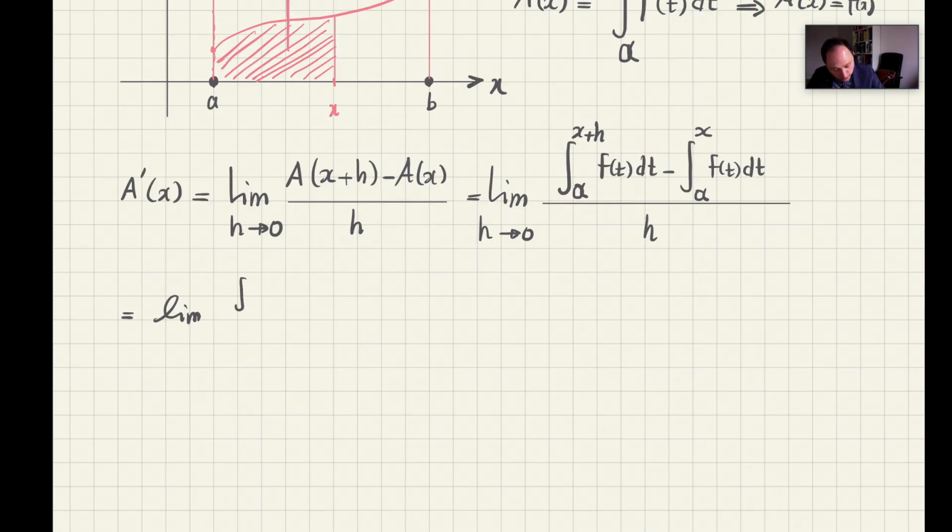Instead of going directly from a up to x plus h, I go from a to x. This is the property of the definite integrals. Then I go from x to x plus h. So what I have written for these two is just instead of this, and then you see I have minus this expression at the end.